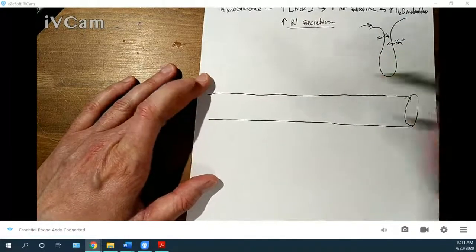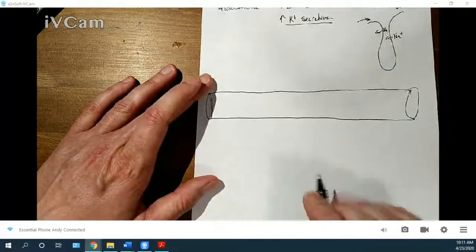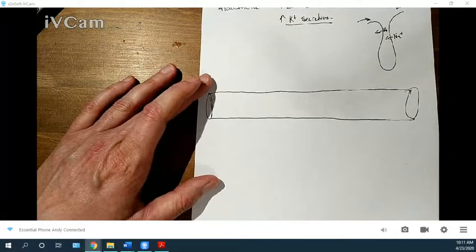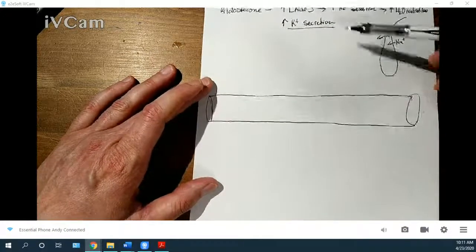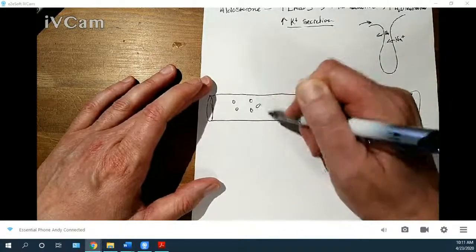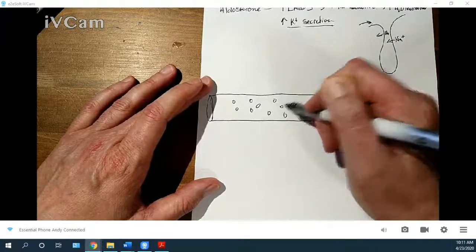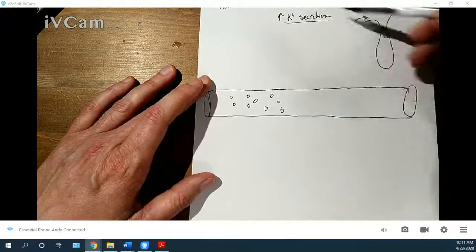Here's our bloodstream, and in our blood, we sense that we had a decrease in blood volume or a decrease in blood pressure. So we've gone through the whole mechanism already, and we have molecules of aldosterone floating around the bloodstream. And this is a steroid hormone.